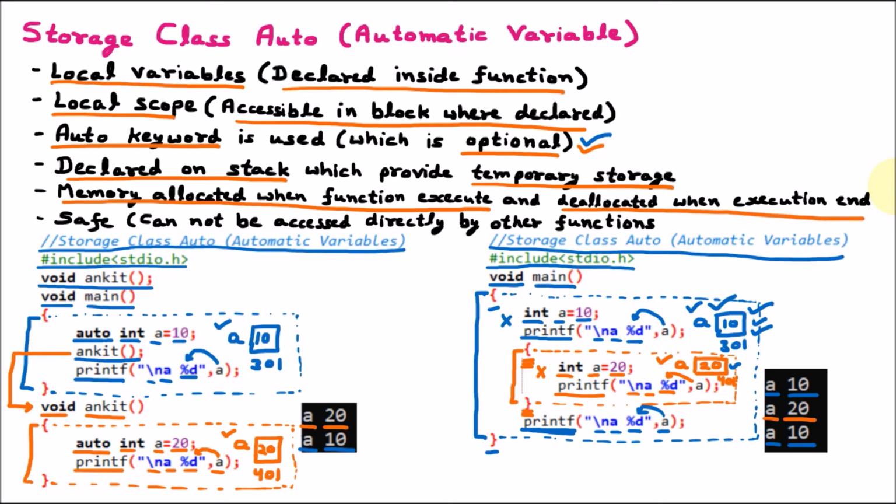These variables are safe. That means they cannot be accessed directly by other functions. That's why they are safe. Means they are accessible only inside the block where they have been declared. So that is all about the storage class auto or the automatic variables.